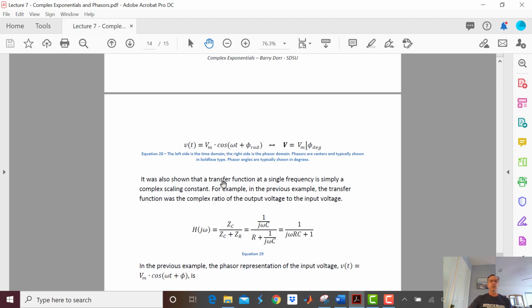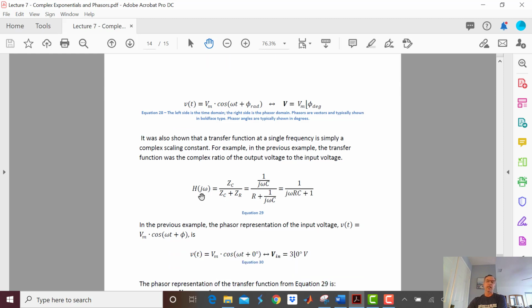And it was shown that a transfer function at a single frequency is simply a complex scaling constant. So for example, in the previous example, the transfer function was the complex ratio of the output voltage to the input voltage. And so we calculated our transfer function.